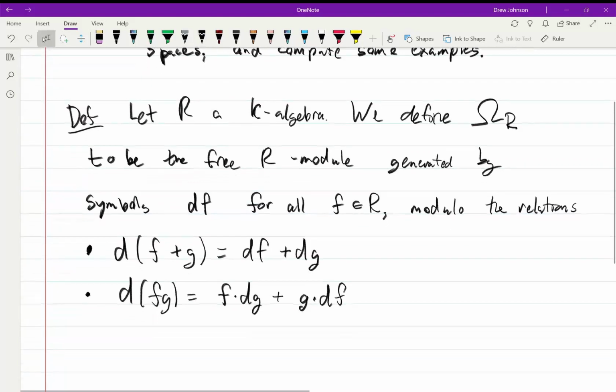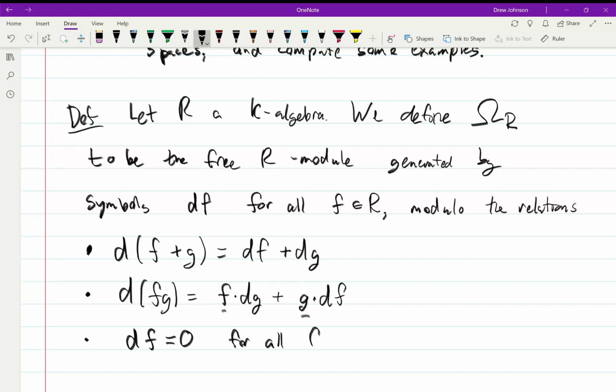All right, so this is an R module, so these symbols df are part of an R module, so it makes sense to multiply them by f and g. Okay, and finally, df should be 0 for all f in k.